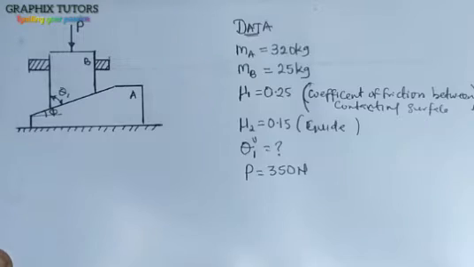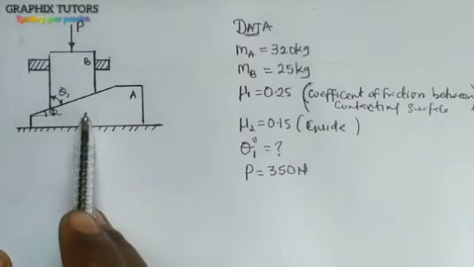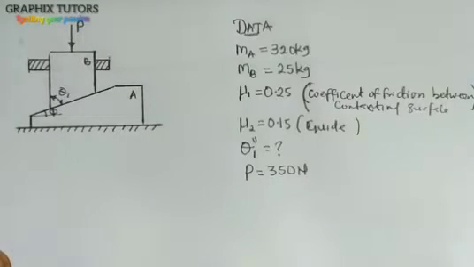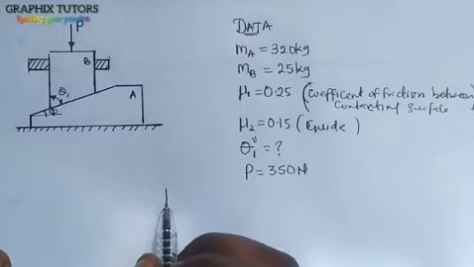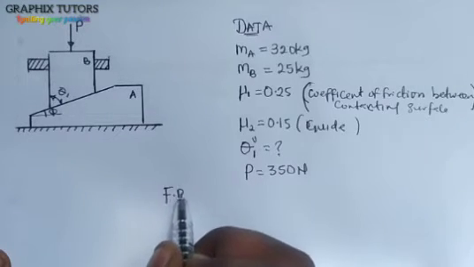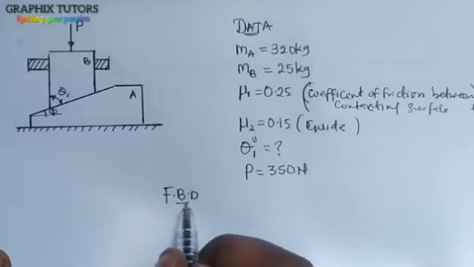Right? Now, after doing that, I'm going to remove what I have on the screen, and I'll be focusing on what I have here. So the next thing I'm going to do is to draw the free body diagram of this. So in drawing it, FBD of the two wedges.